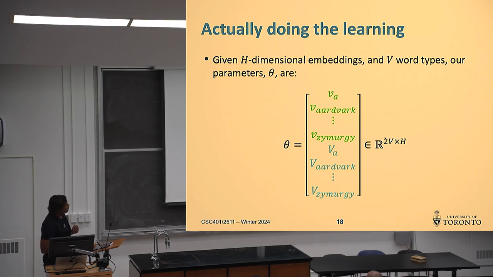These are all the input words, and the ones in capital and blue are all your output words. So essentially the parameter count of your theta is 2V times H, where H is the size of each word vector. So what we're trying to learn is this ideal theta that serves our purpose.